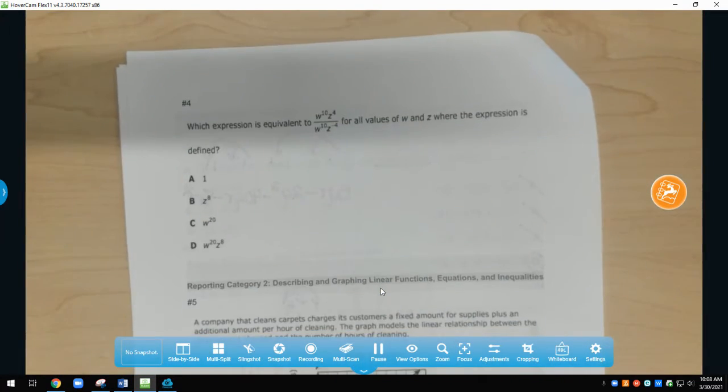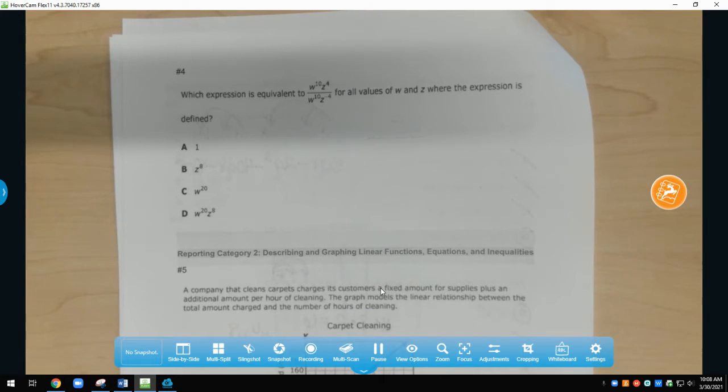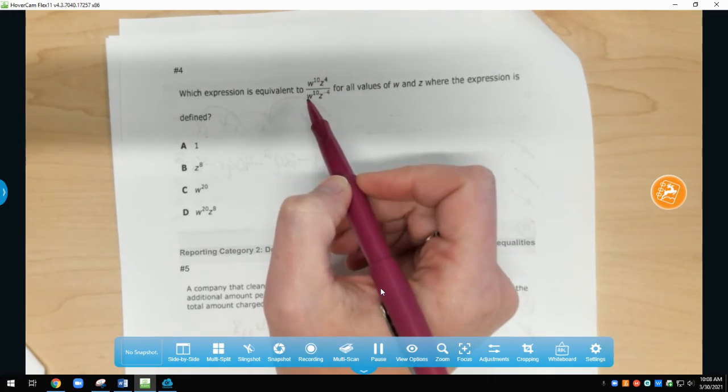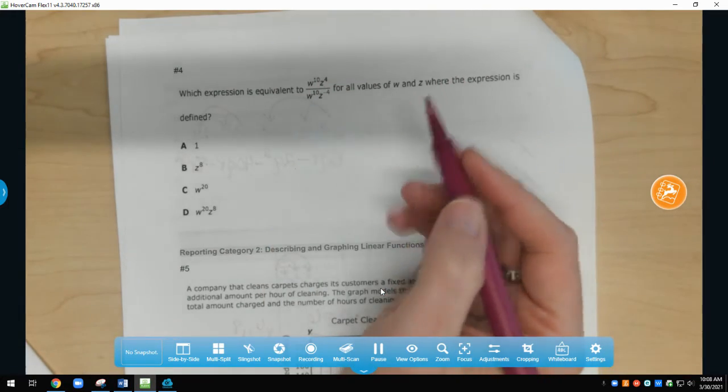Okay, which expression is equivalent? Again, there's multiple variables. So we're going to have to do this by hand. Okay, remember, if you have the same thing on top, same thing on the bottom, you can cross them out.